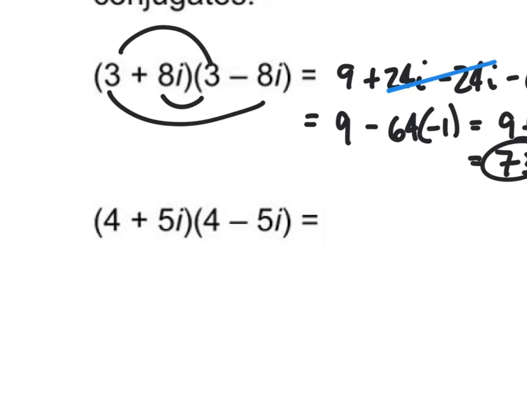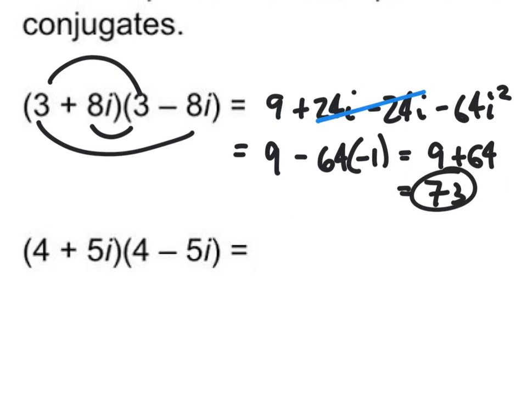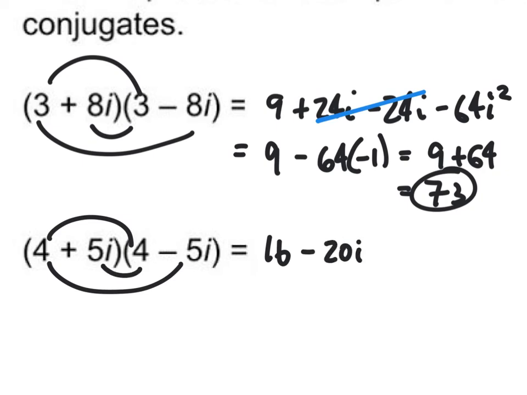If I do this one, 4 times 4, we get 16, and then we get negative 20i, plus 20i, and then minus 25i squared. As a result, the negative 20i and the positive 20i add to 0.